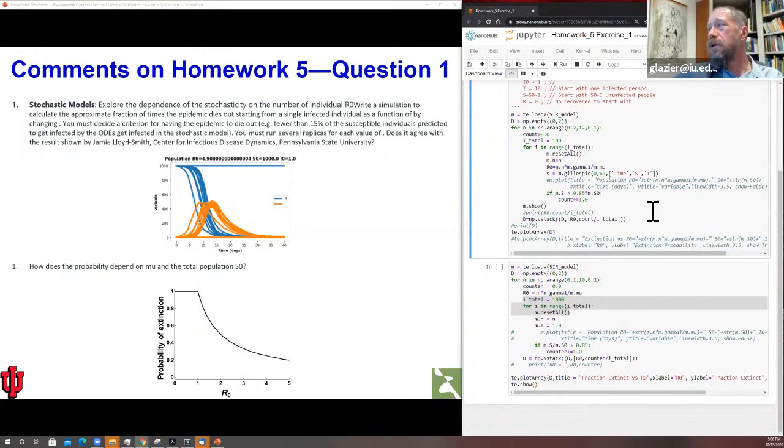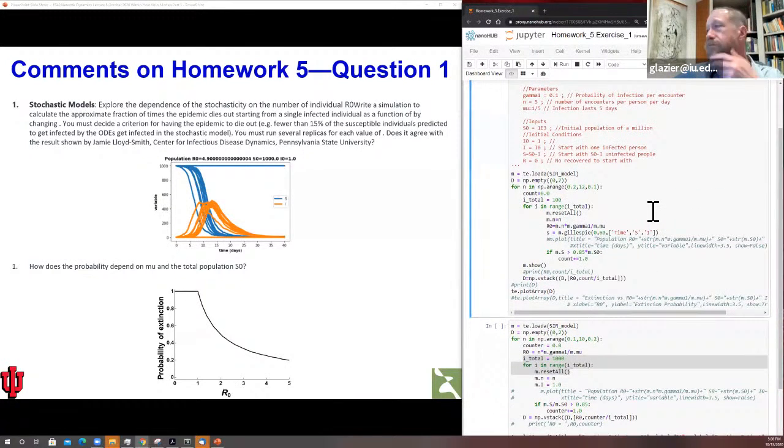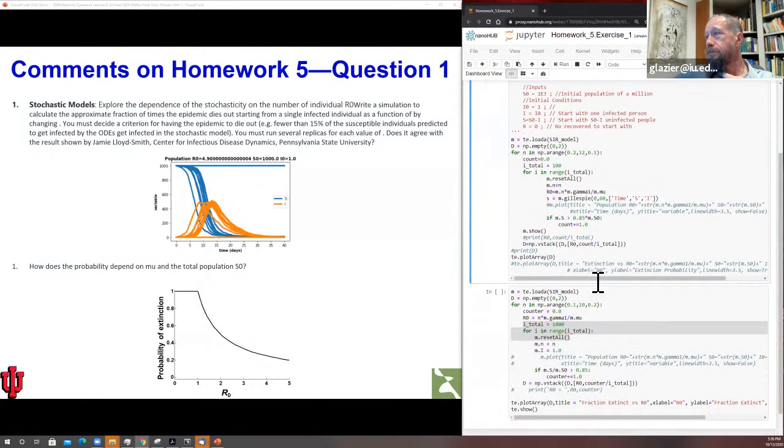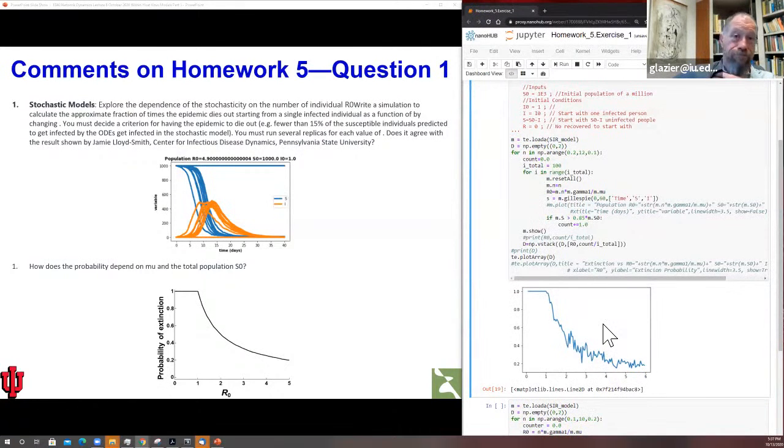This may take a little while to run because we're running a lot of loops. Maybe 0.1 was too small.